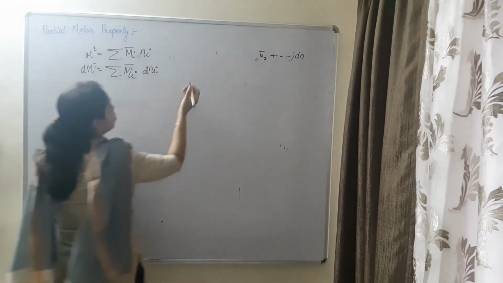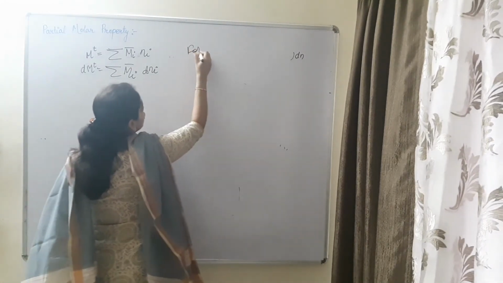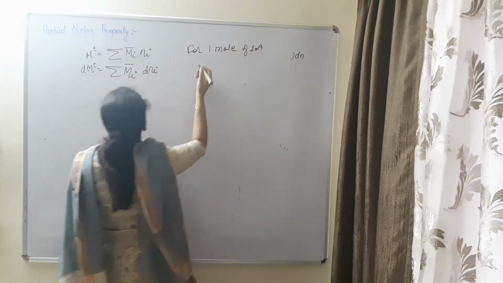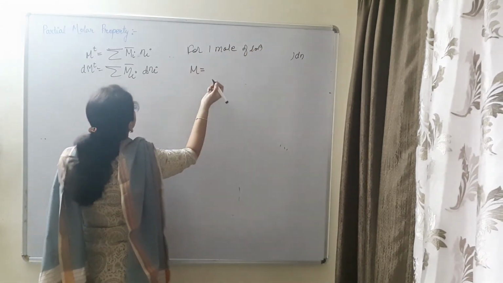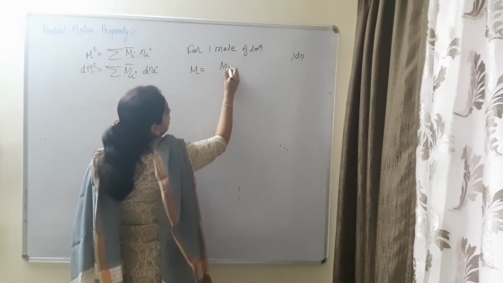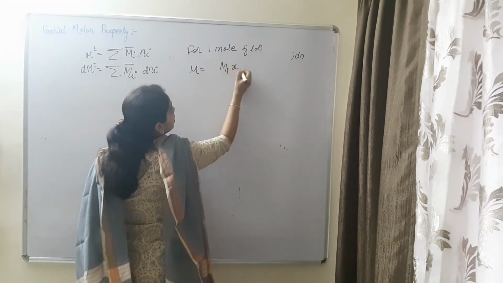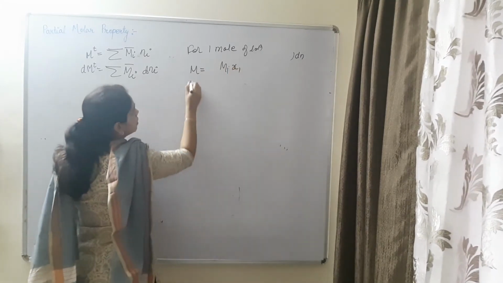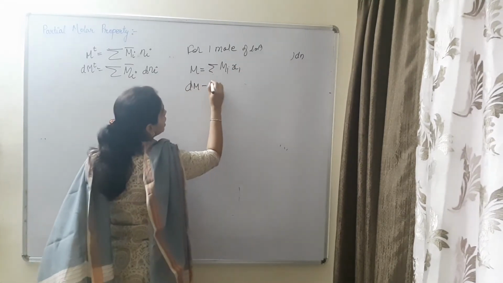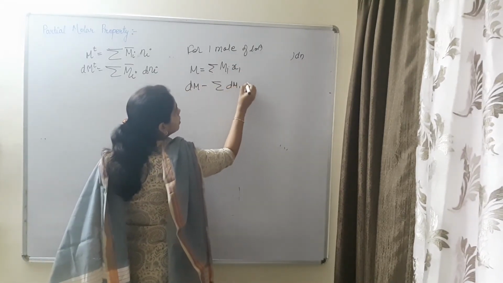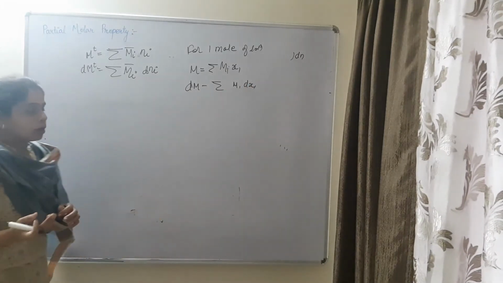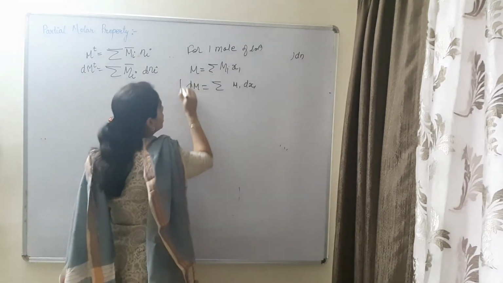Okay, for 1 mole of solution you can also write this easily. So for 1 mole of solution we can write the summation of mi bar dxi, when the composition is going to be changed, right?